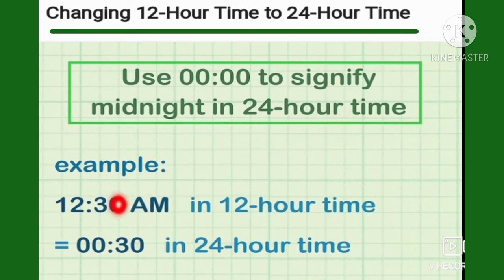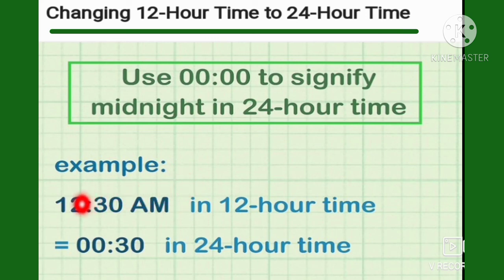So, students, in 12-hour time, AM is given. In 24-hour time, we can't write AM. That is, the 24-hour clock does not have AM or PM. So, students, take out AM.